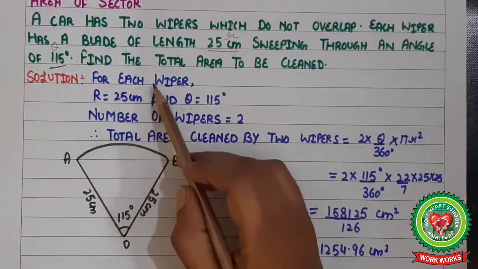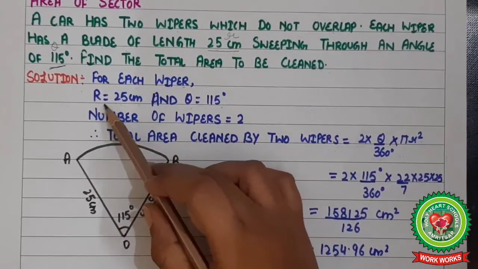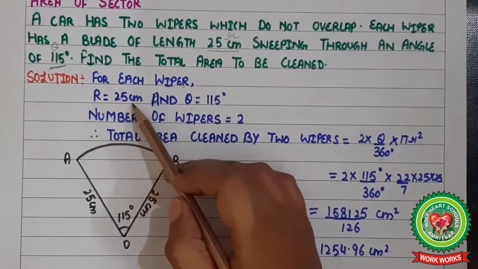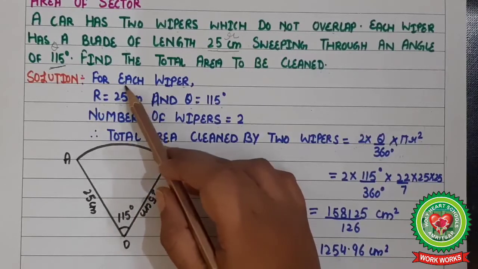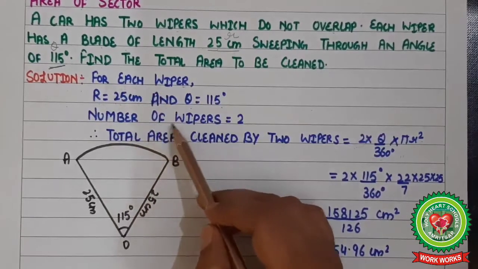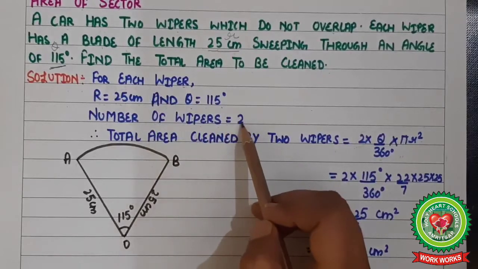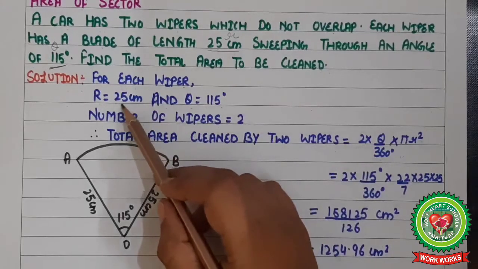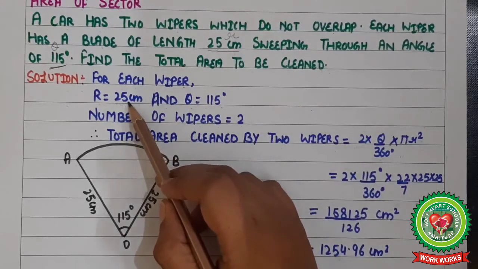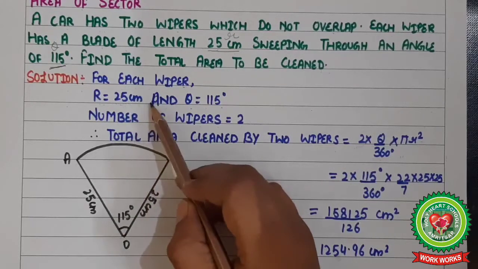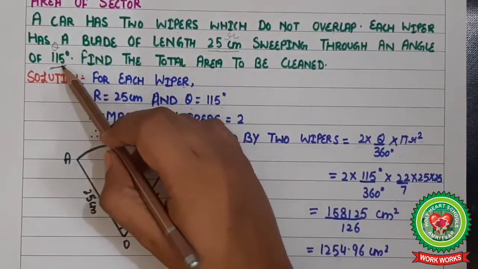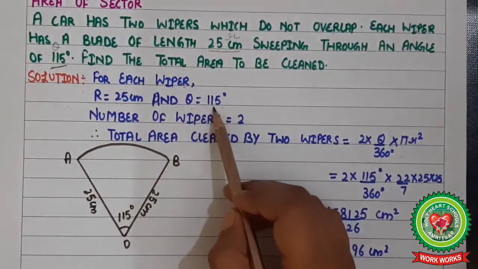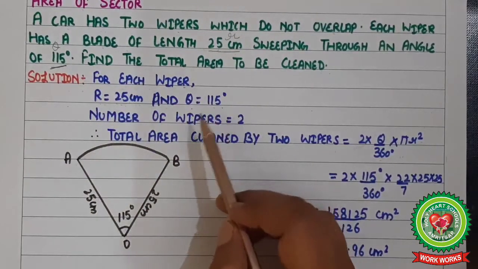Solution is, for each wiper radius equals 25 centimeter. Why have I written each wiper? Because there are total 2 wipers, and the radius of the first wiper is equal to 25 centimeter and the radius of the second wiper is also 25 centimeter, and theta equals 115 degree.